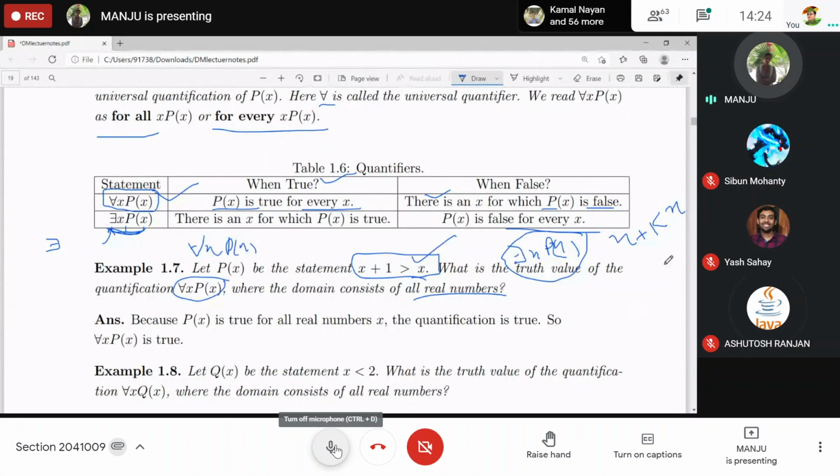False, because there is no real number that satisfies this. P(x) is false for all real numbers x. That's why this is false. For the earlier statement we need just at least one x, but it is true for every x, so no worry. But here P(x) is false for all values of x, that's why it is false.